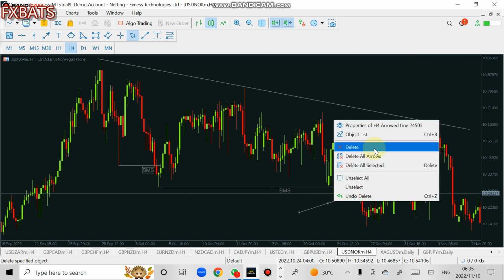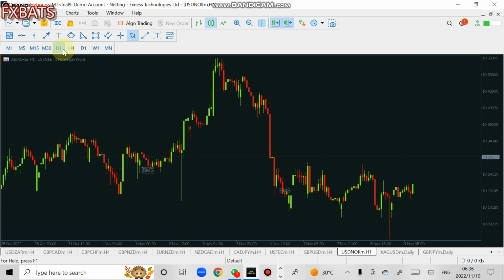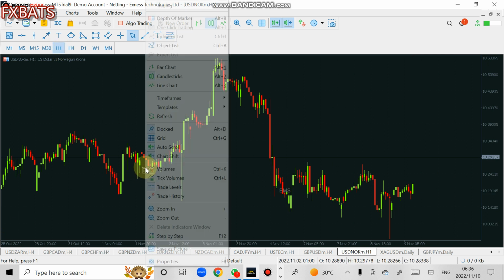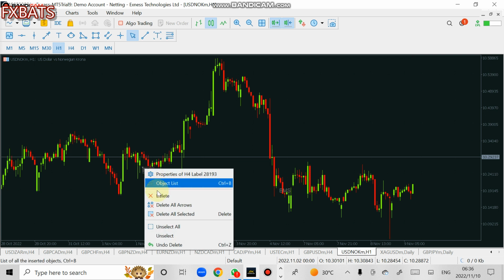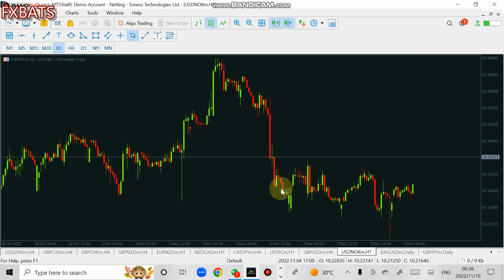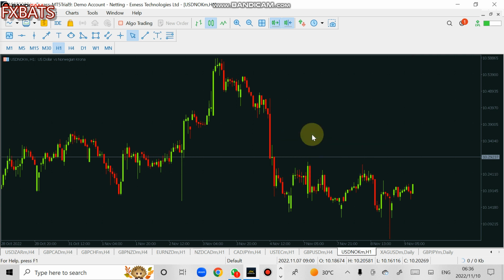Let's look at another example whereby some people might mark their break of structure differently, and I'm going to show you how they do it. Most people mark the break of structure by the wicks, for example.